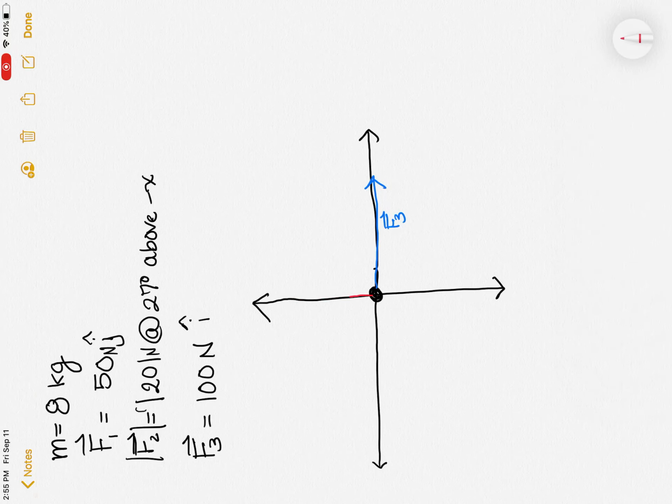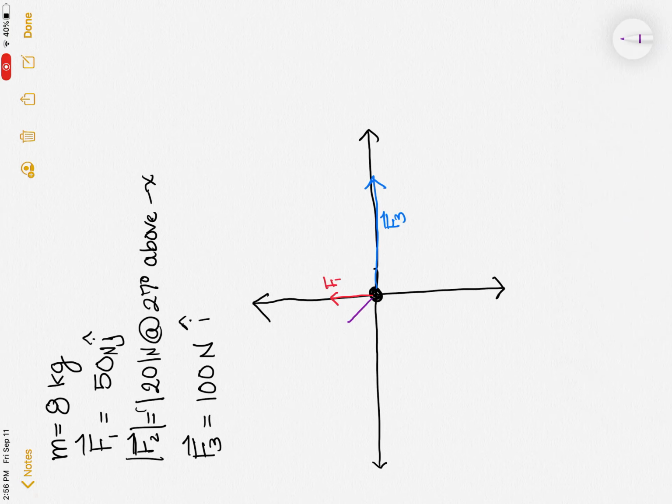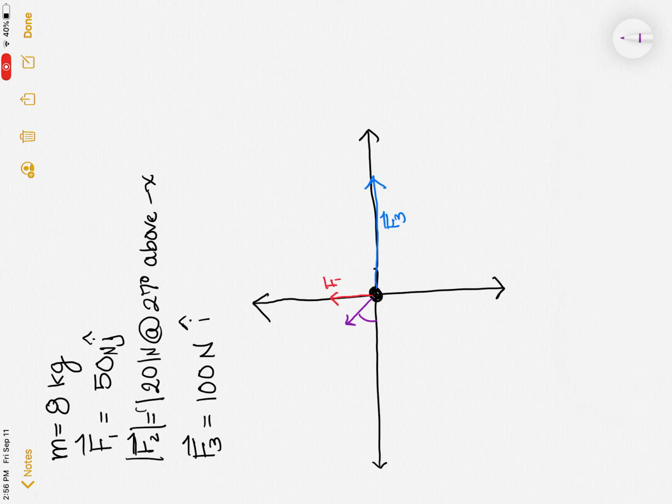I'll just draw half of F3 for relative scale. So this is going to be F1. And then I have F2, which is going to be 20 newtons at 27 degrees above the x-axis.